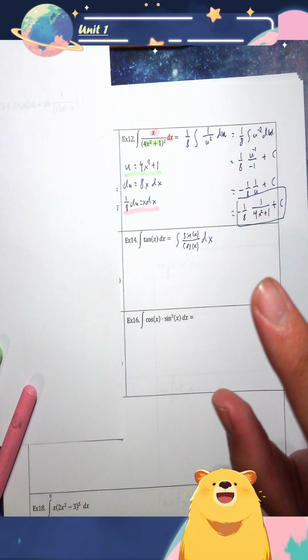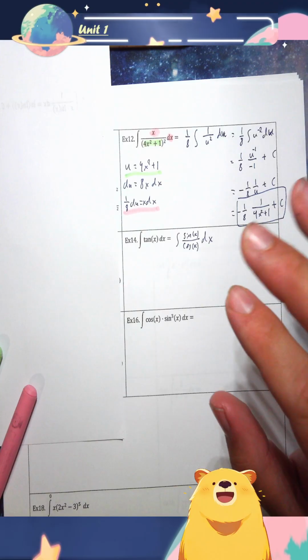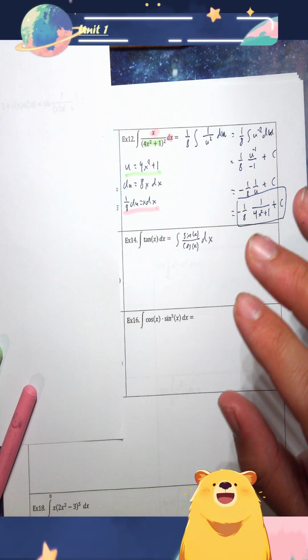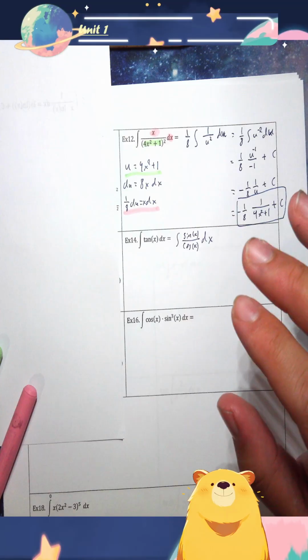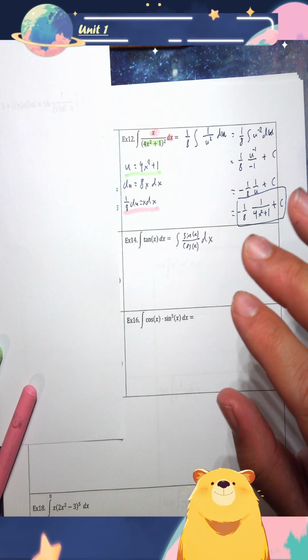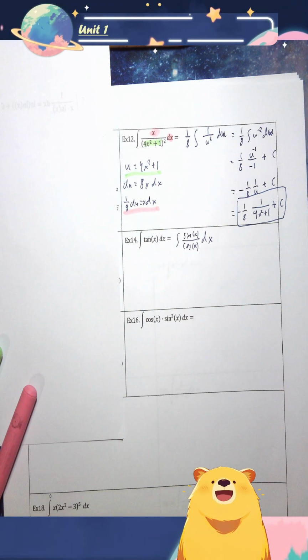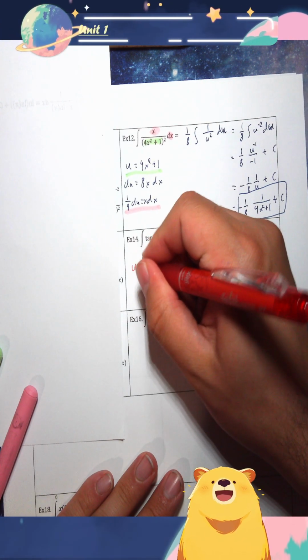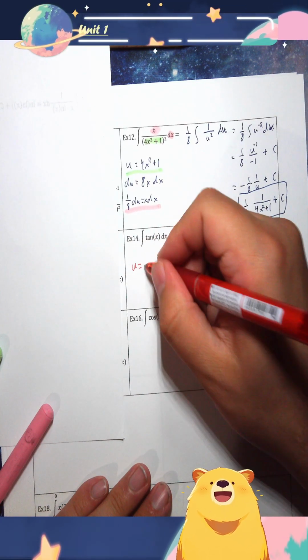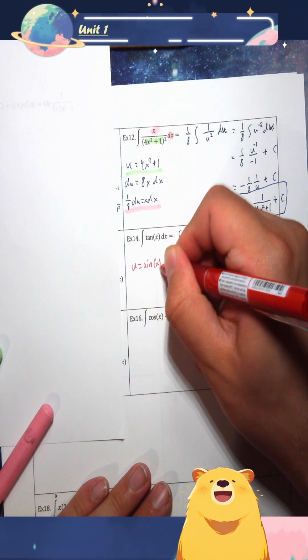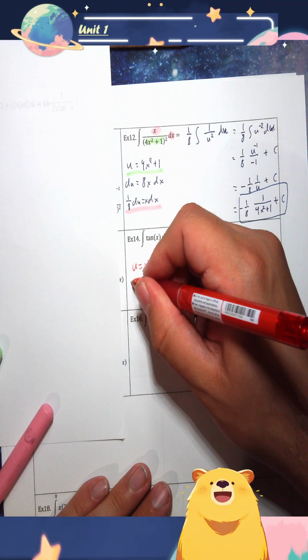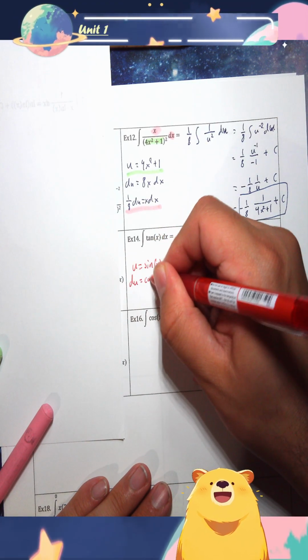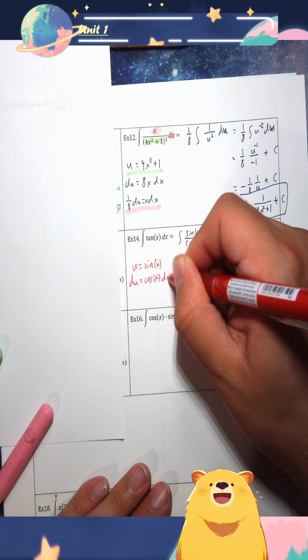I'm going to show both in an erasable pen so that way you don't get spoiled. I don't know if you noticed this about me, but I love having colorful pens. Okay. If I did u to be sine of x, then du has to be cosine of x dx.